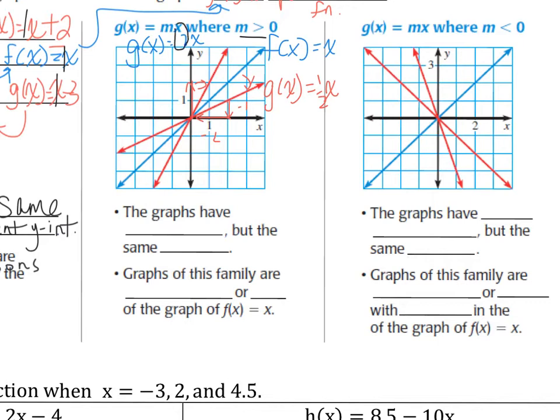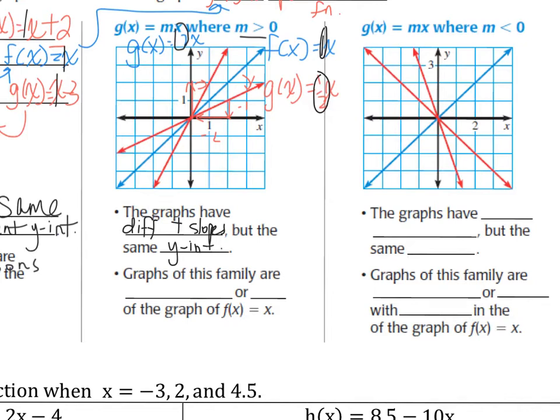So here the slope changes. The graphs have, again, different positive slopes, but the same y-intercept.